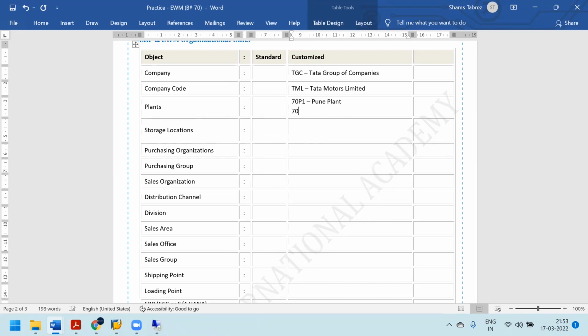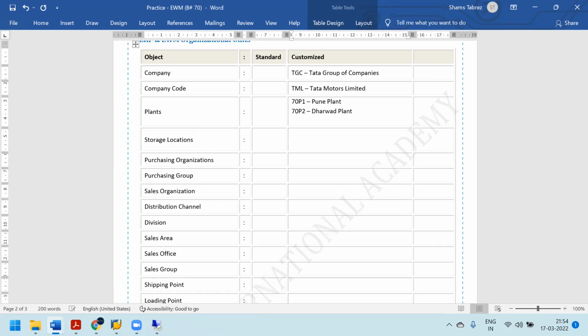Another one I'm using as key is 70P2, which is the Dharwad plant. And then 70P3 is the Jamshedpur plant.